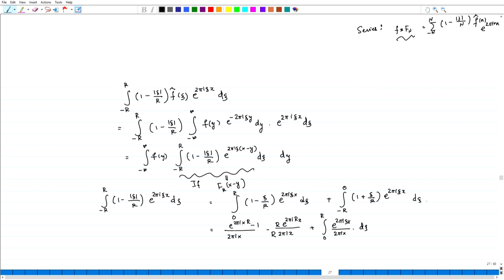So, this we can write if we do the integral again.